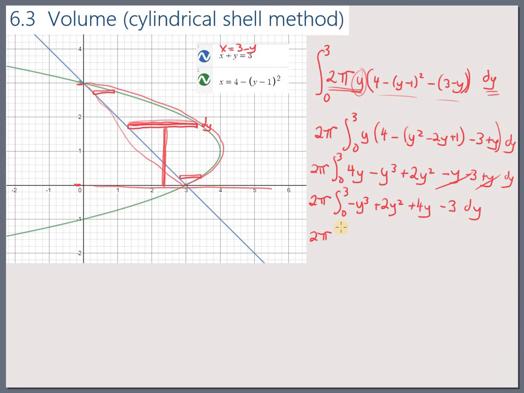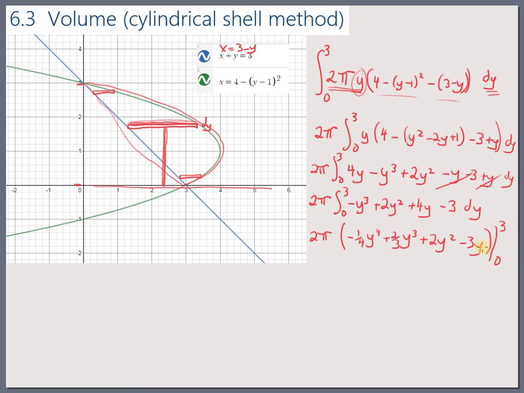Let's see, we've got 2 pi times minus 1/4 y to the 4th plus 2/3 y cubed plus 2y squared minus 3y, evaluated from 0 to 3.